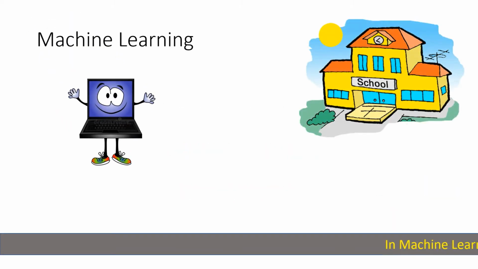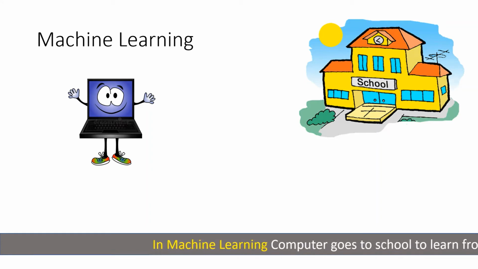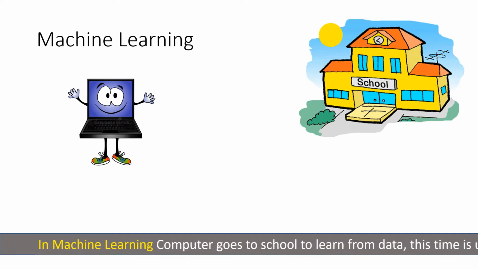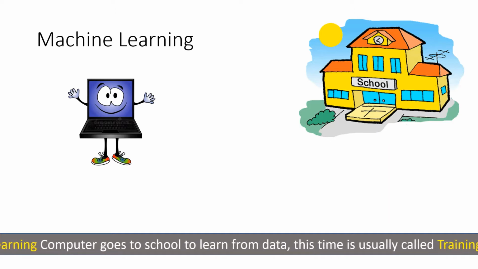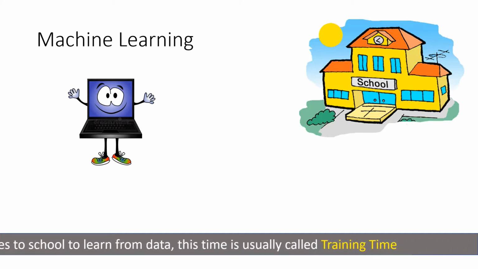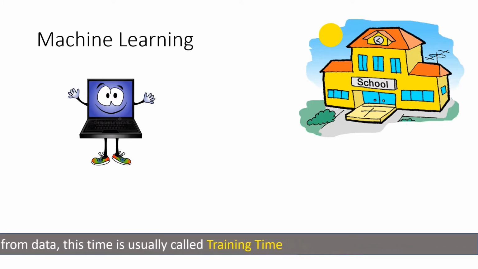So as we can see in machine learning, the computer starts to learn from your data. The data looks like the school where your computer, your algorithm, your program will go and start learning about it.